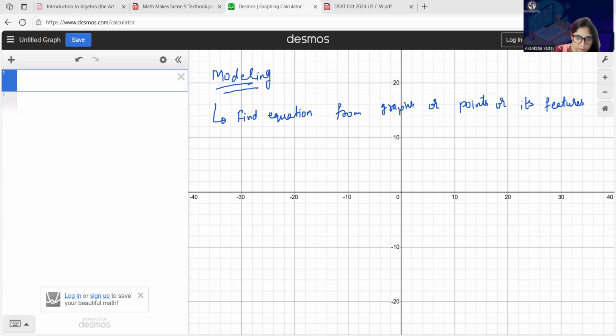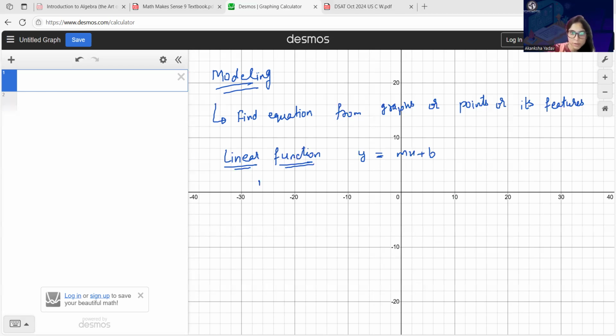For example, linear modeling. When you have a linear function, you can write it as y is equal to mx plus c or mx plus b. So how can you model a linear function? What should be given to you?